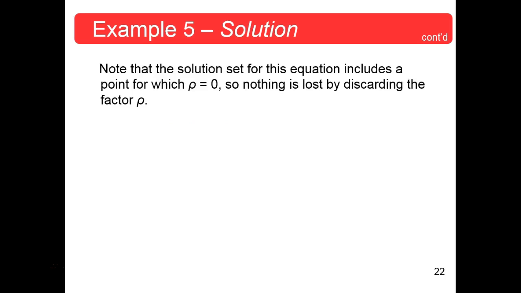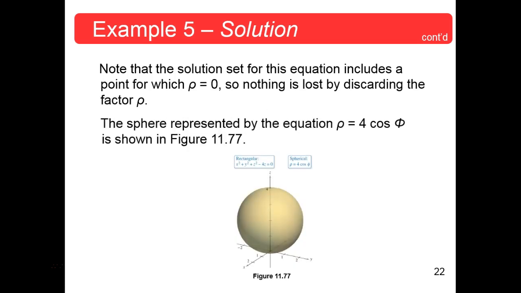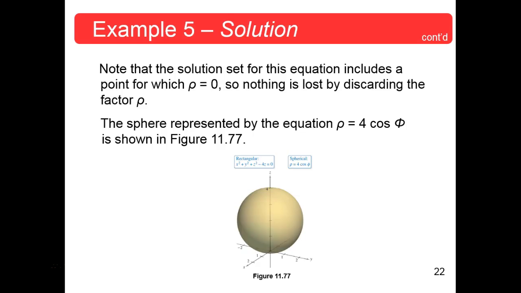Note that the solution set for that equation includes a point for which rho is equal to 0, so nothing is lost by discarding that factor rho. The sphere is shown here, represented as rho equal to 4 cosine phi, and there it is. Your center is located up there at plus 2. And that's all. Anyone need any of that any longer?